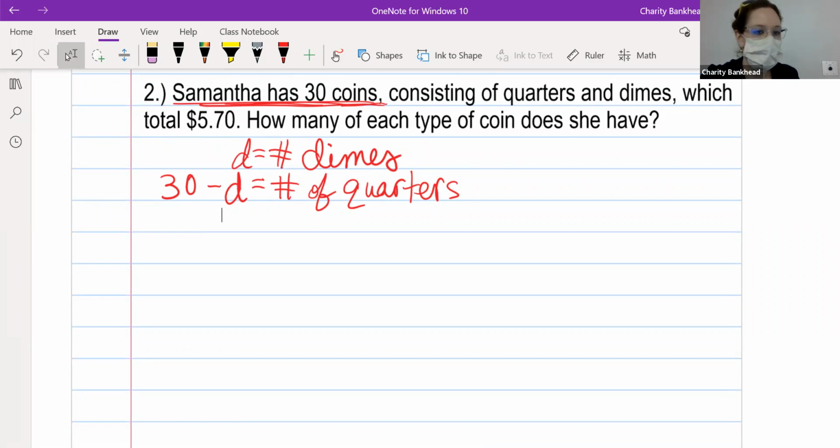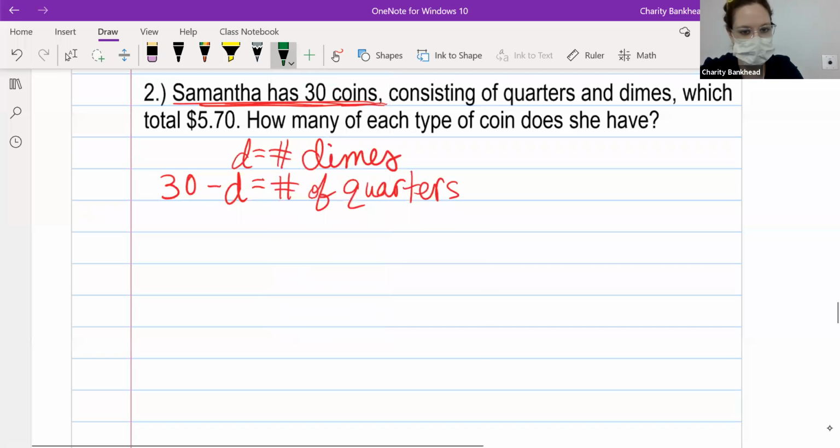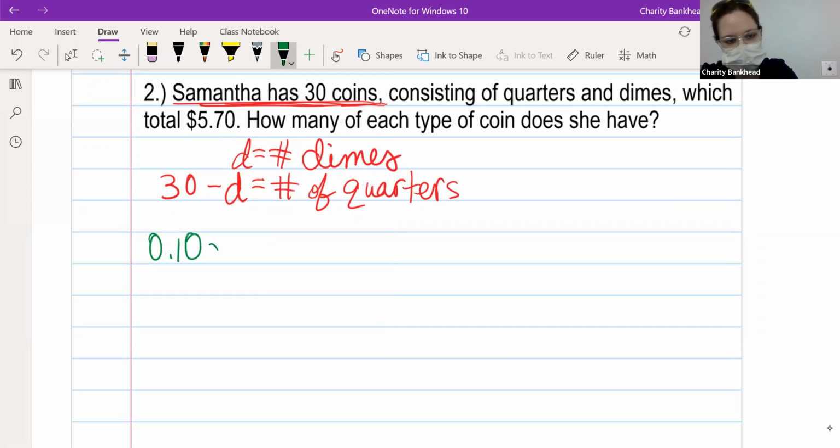All right, so then we can use the dollar amount to write down an equation. So we know that dimes are worth 10 cents. So 10 cents times the number of dimes plus, and then for quarters, we know quarters are worth 25 cents. So 25 cents multiplied by the number of quarters.